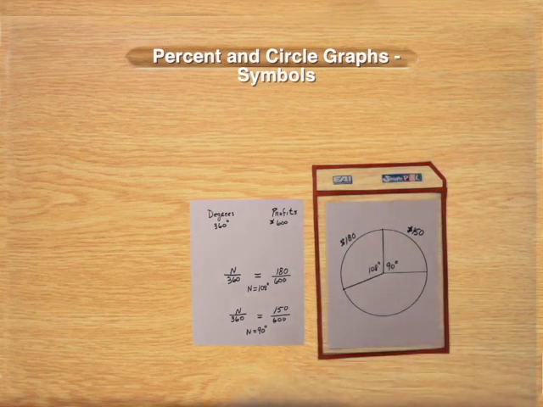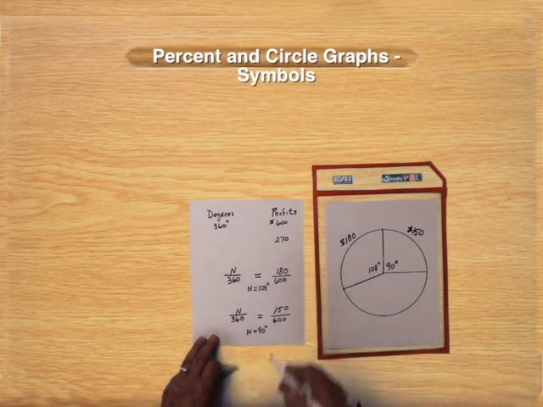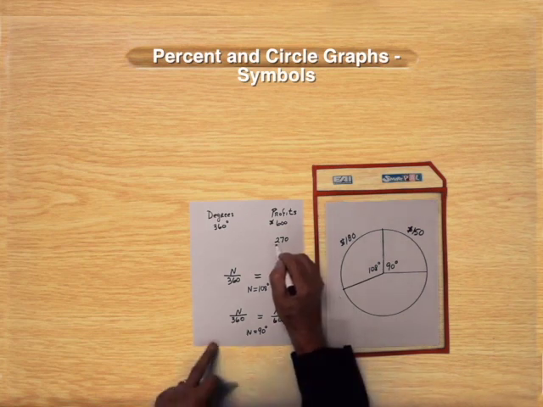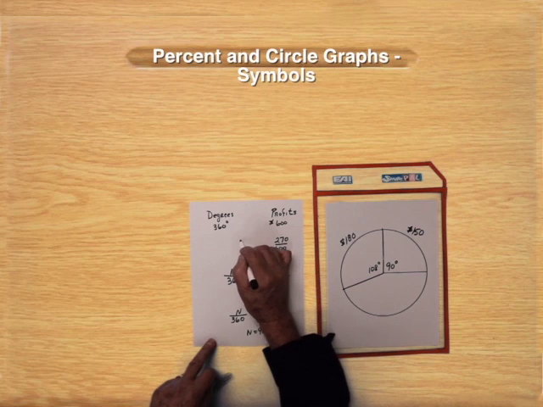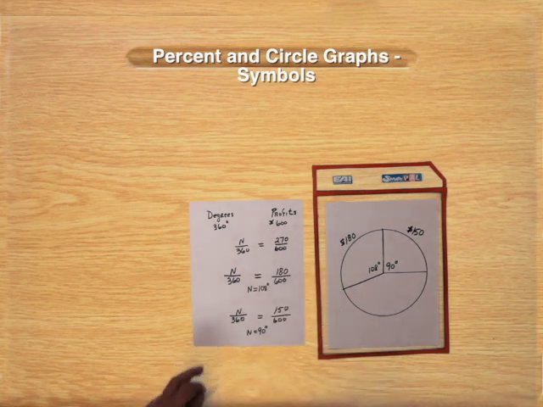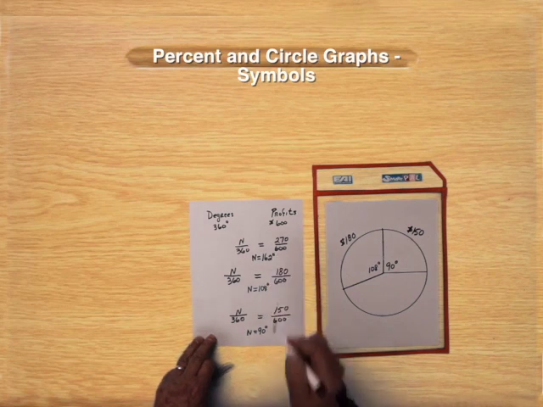And finally, we were looking at representing $270 in profits. 270 is in the same relative position to 600 as the number of degrees is to 360. So here's our proportion. And when we solve this proportion, we find out that n equals 162 degrees.